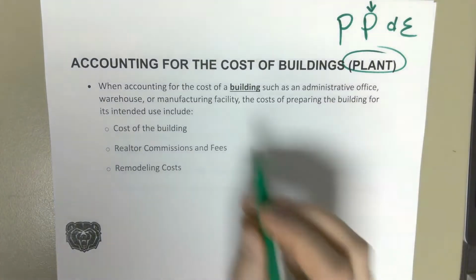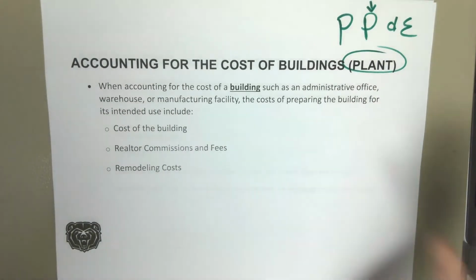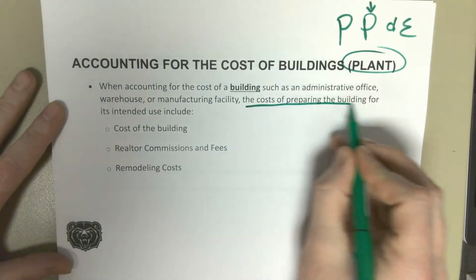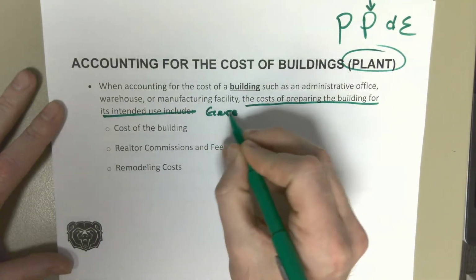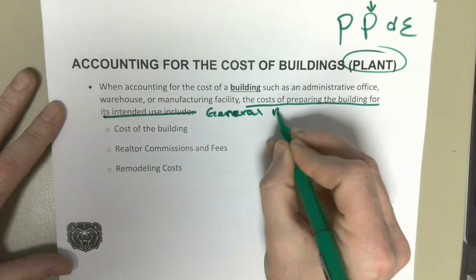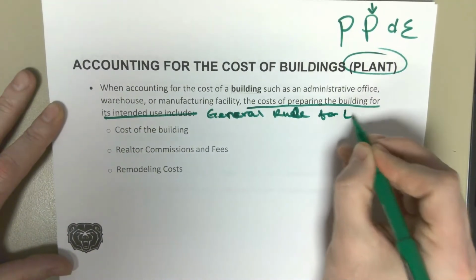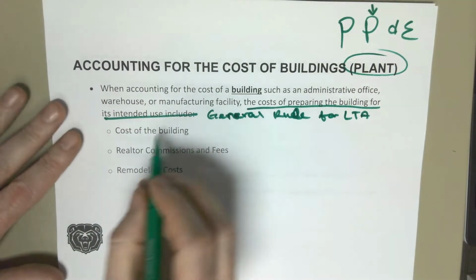When you do that, you account for the cost of preparing the building for its intended use, just like we did with land. This is the general rule for long-term assets, okay? So you've got the cost of the building.